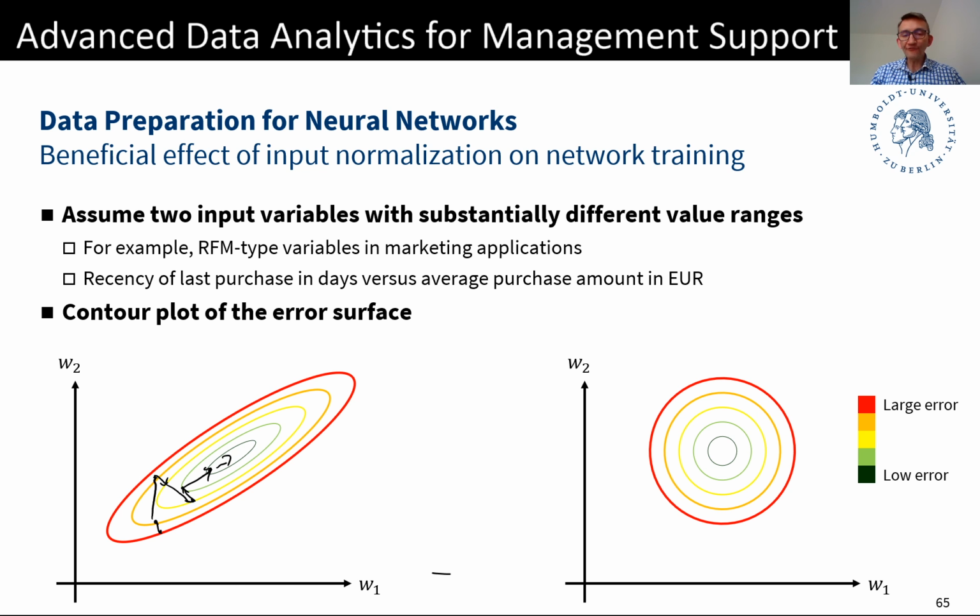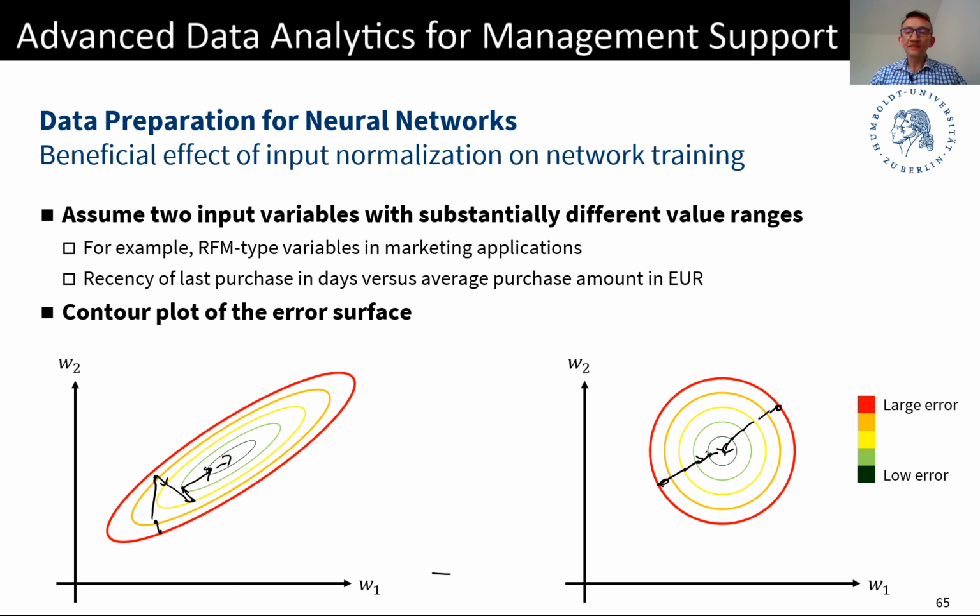And you see how this is different on the right-hand side. In this picture, no matter where you start with your initial weights, you can start here, you'd go straight to the sweet spot, you can start here, and again you go straight, and always arrive easily at the minimum of your loss function.